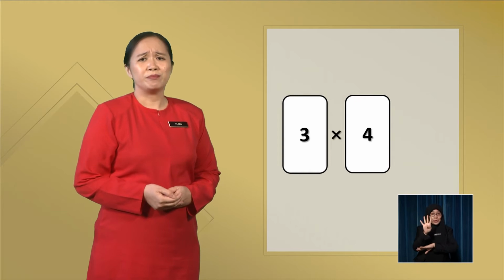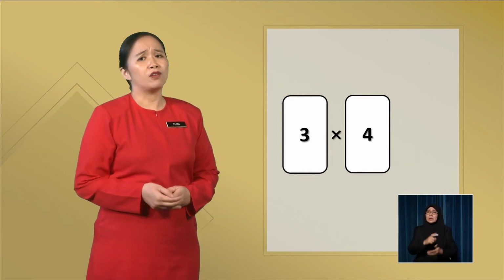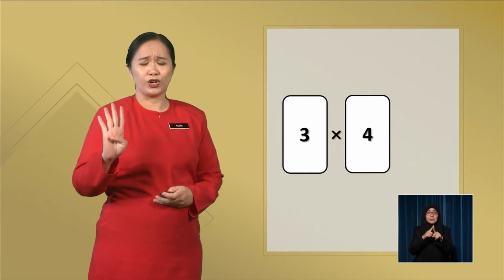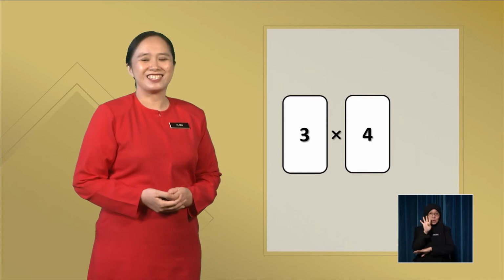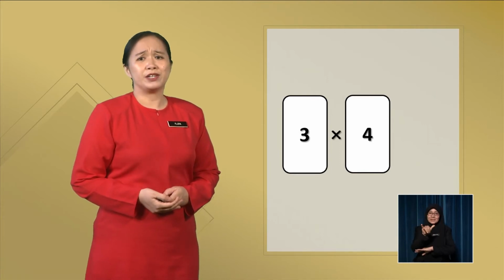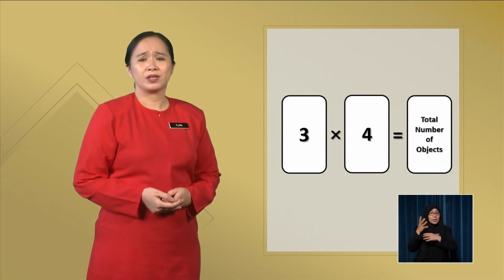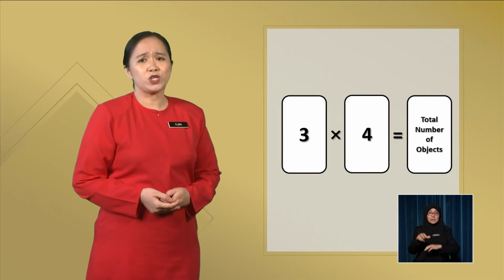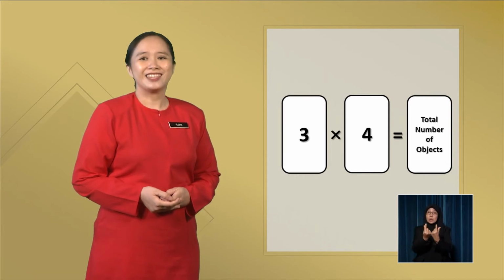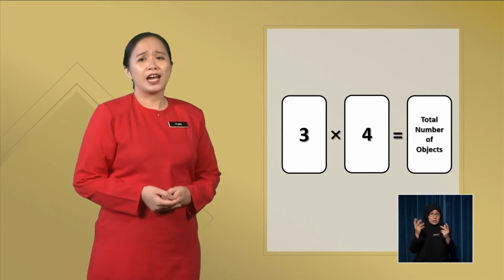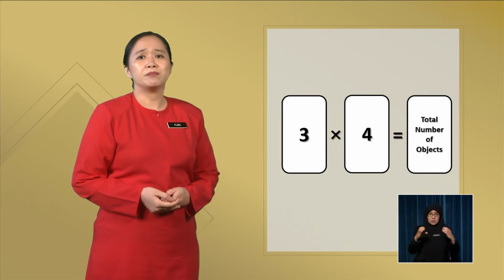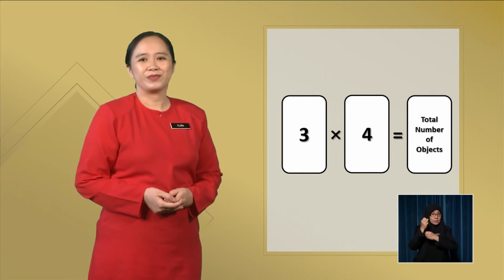What should be the product of 3 times 4? Yes, the total number of chocolate milk cartons. 3 groups of chocolate milk cartons times 4 cartons of chocolate milk in each group.